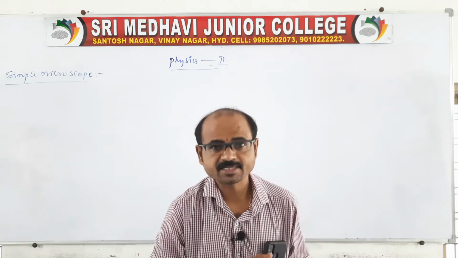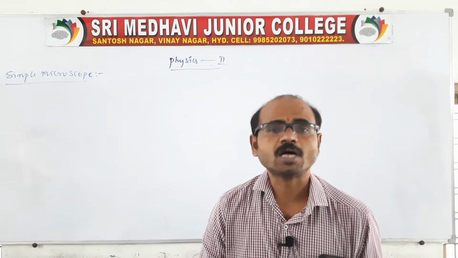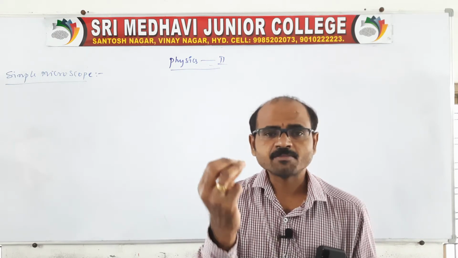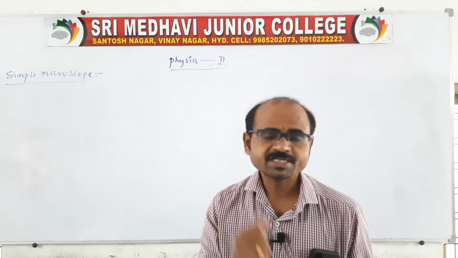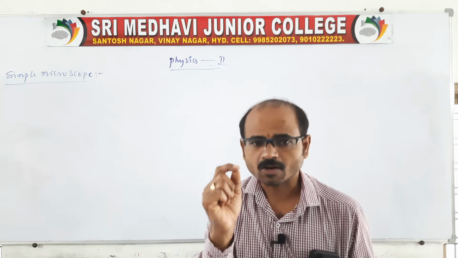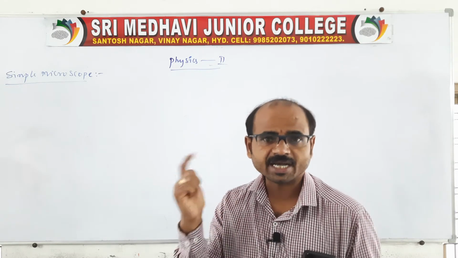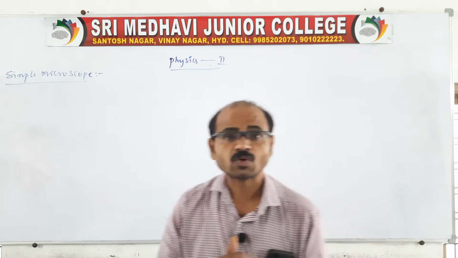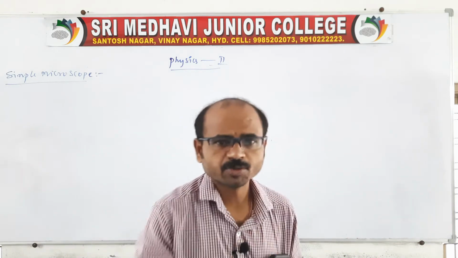The other is the compound microscope, which consists of two lenses. One lens is towards the object, which we call the objective lens, and the other is towards the eye, which we call the eye lens. We will see that in the compound microscope.